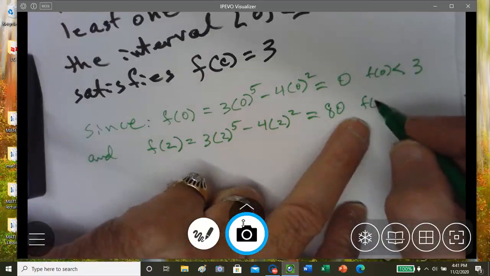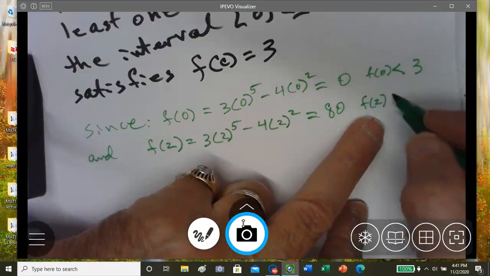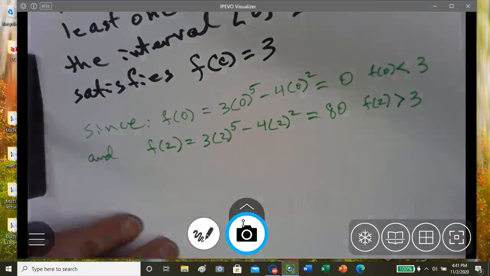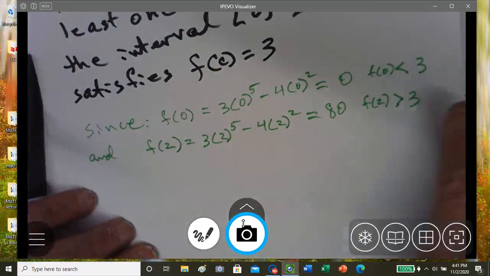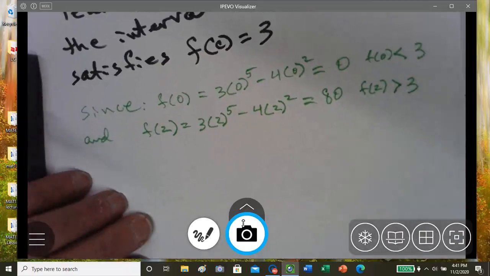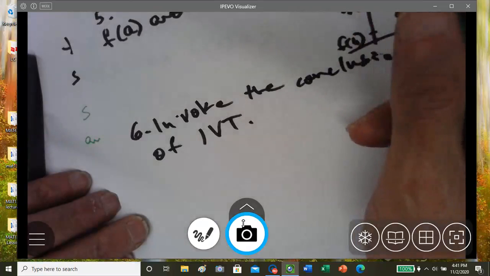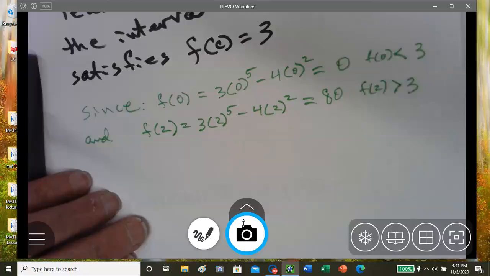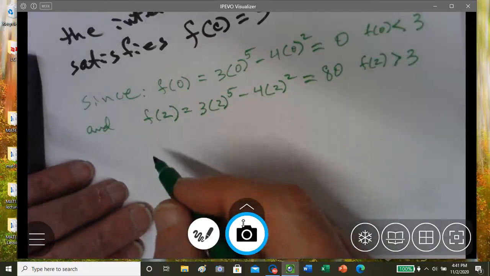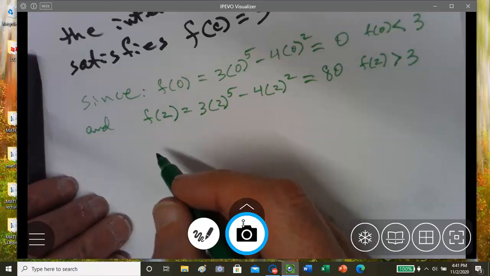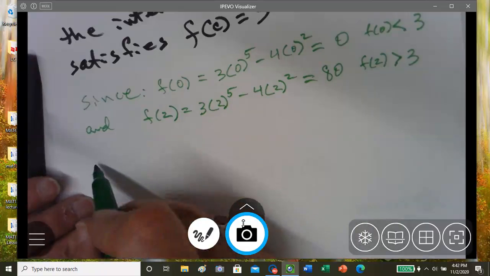So f(2) is greater than 3. Therefore we've established that f(a) is less than m, and m is less than f(b).